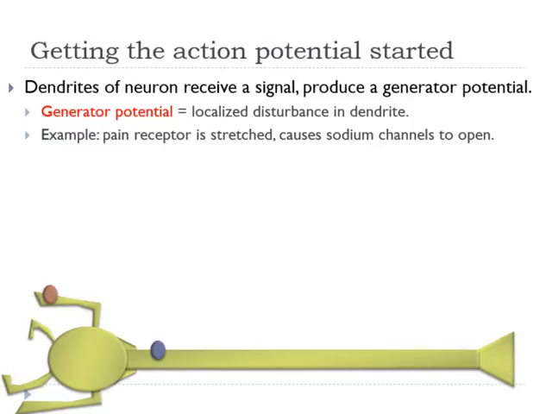This little disturbance is what's called a generator potential. So we have this localized disturbance right out here on the tip of the dendrite. And that generator potential is then going to be relayed down to the cell body. Oftentimes when you have a generator potential out on a dendrite, say a pain receptor gets stretched, it could be any kind of a stimulus, what will typically happen is some kind of a sodium channel opening.